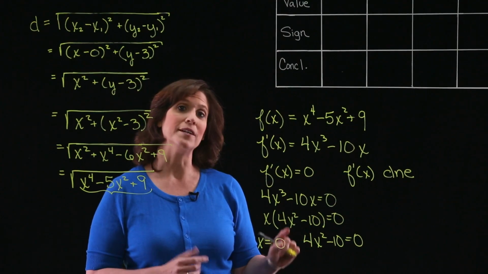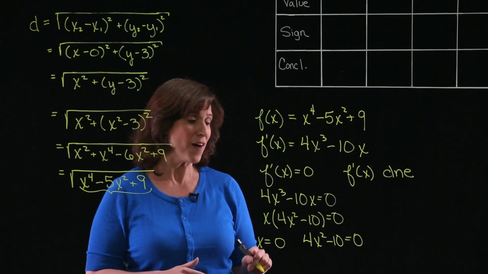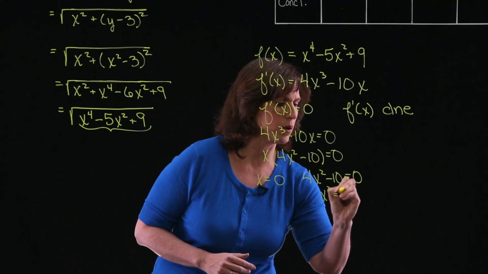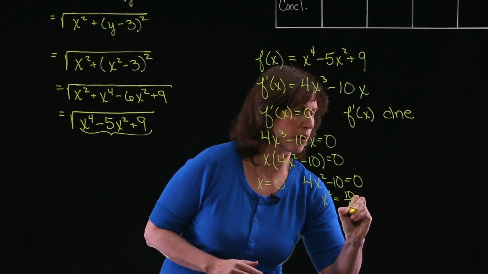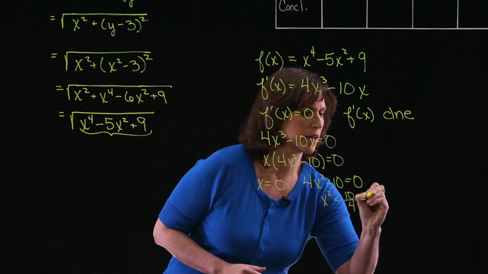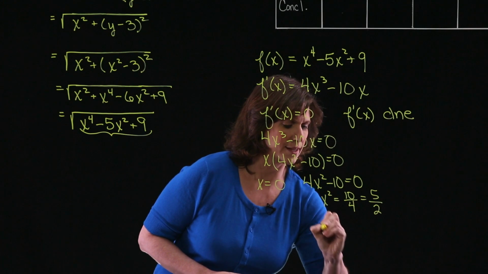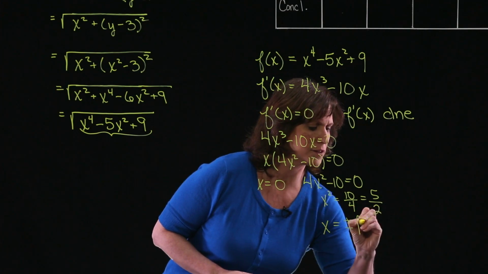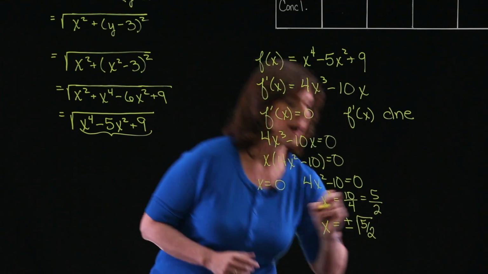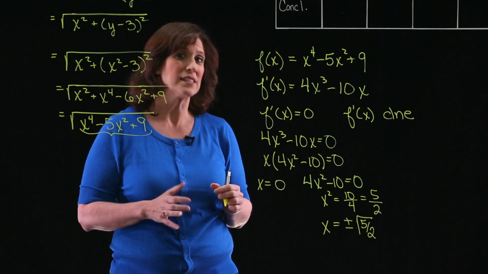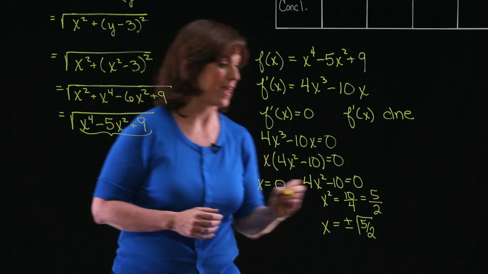To solve that, I'm going to add 10 to both sides and divide both sides by 4. So that will give me x squared equals 10 over 4. That will reduce to 5/2. And I can take the square root of both sides, and I have plus or minus the square root of 5/2. Now, if you like using decimals, that's approximately plus or minus 1.58.